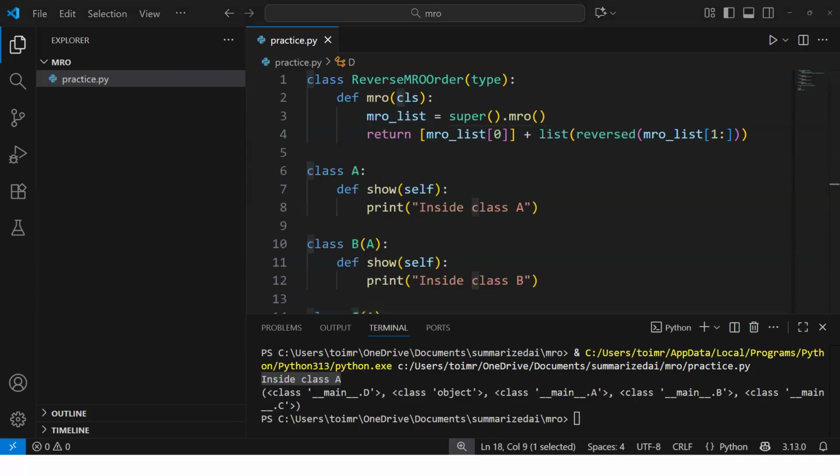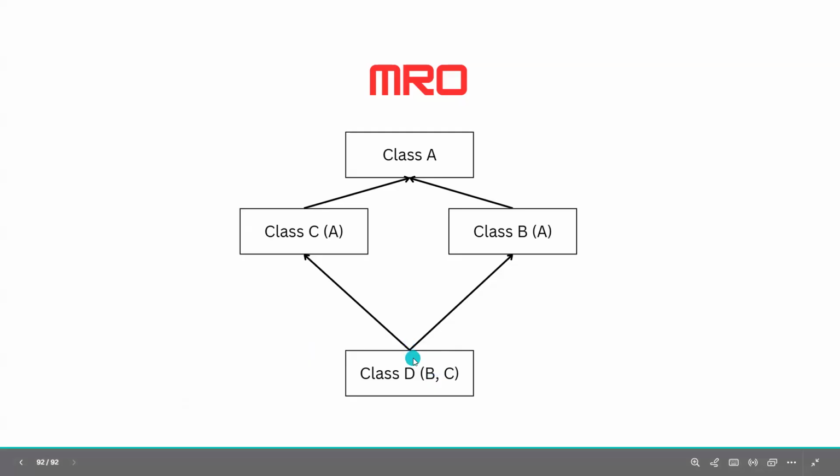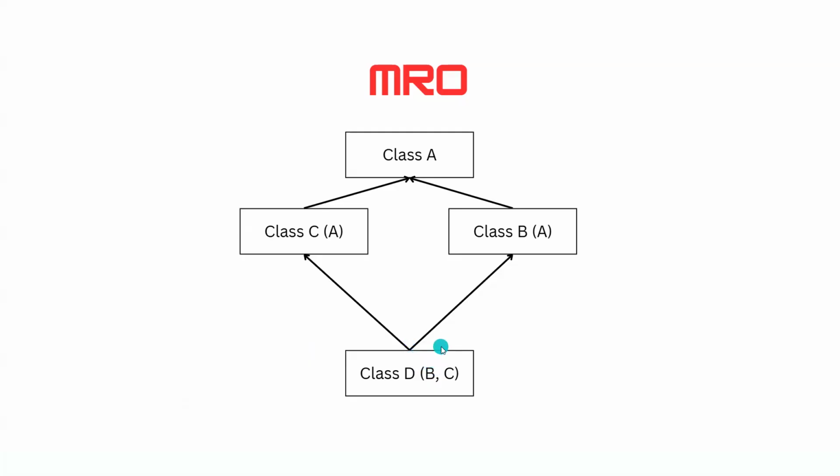Now, if you have ever worked with Java or other object-oriented programming languages, you might have come across the diamond problem, which we discussed earlier. This happens when a class inherits from multiple parents, like D inheriting B and C. Classes share a common ancestor and it's unclear which parent method should be called first.